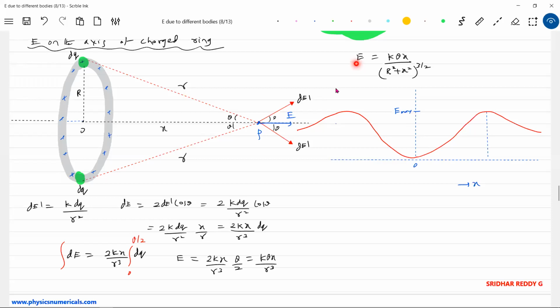So for that, shall we differentiate this dE by dx? Anybody, differentiate and equate to 0. You'll get the value of x.